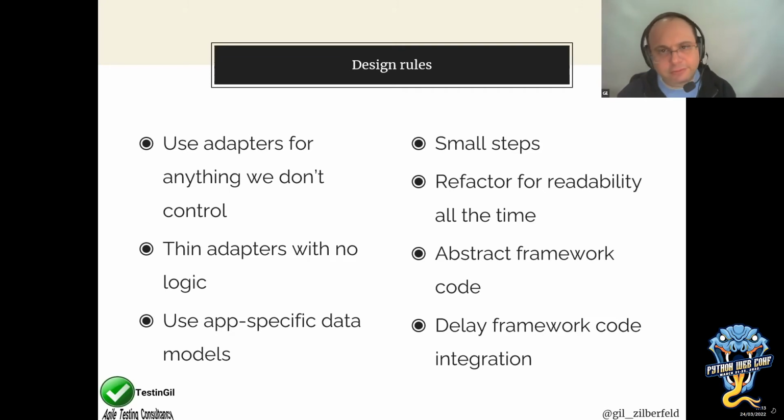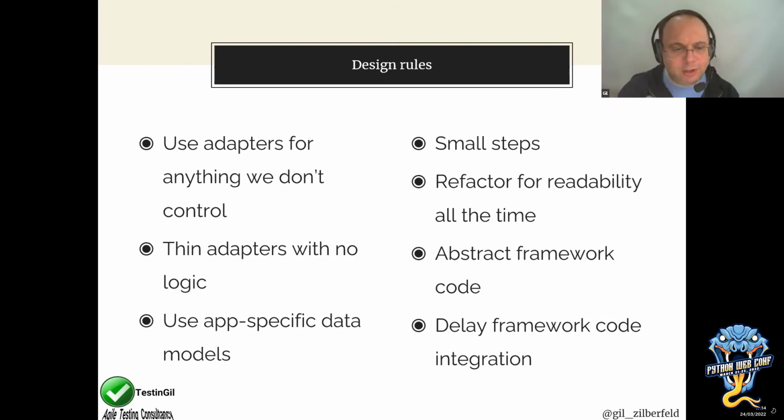We can have fat adapters with logic in them, but usually that means we need to test adapters as well. We probably don't want to do that. We'd like to keep our tests on the logic itself. So whenever we're going to talk to something else, there will be a thin adapter there.